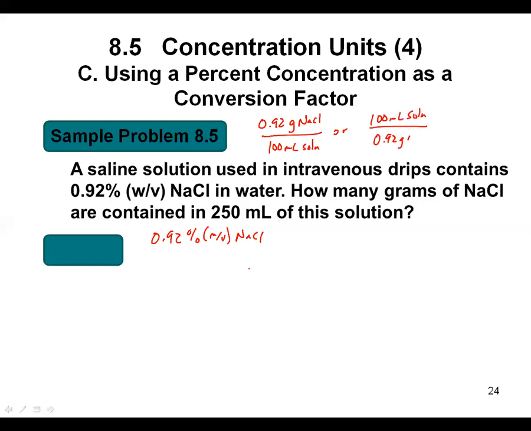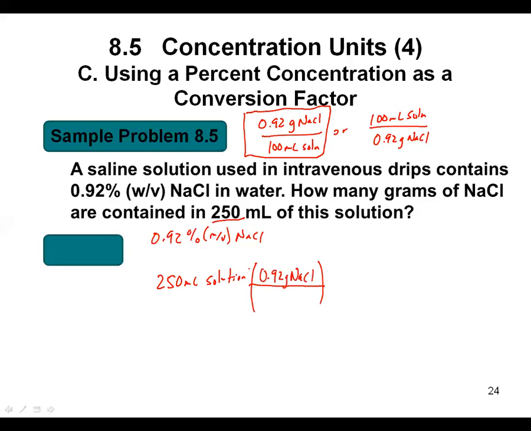So we're starting with 250 milliliters of solution, and we want to figure out how many grams of sodium chloride. So we want to use it in this fashion, so that the solution units cancel each other out. There are 0.92 grams of sodium chloride in 100 milliliters of solution.